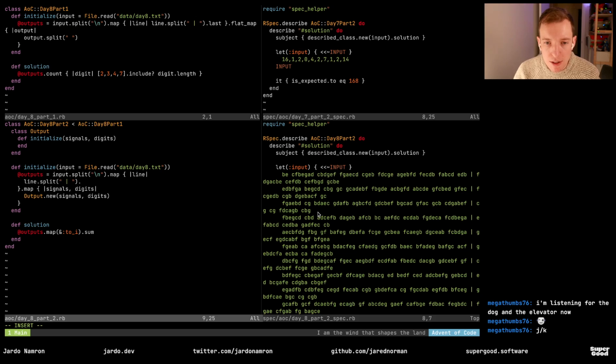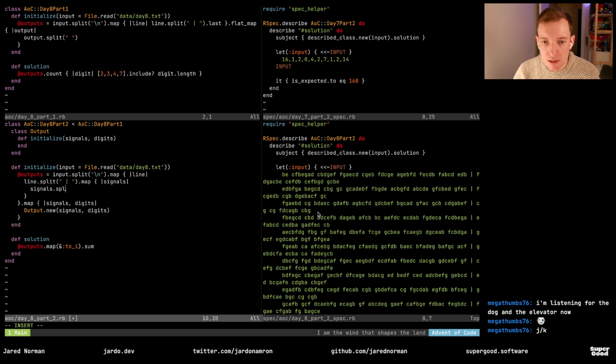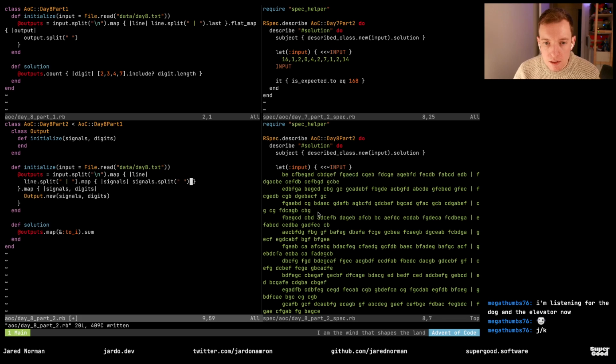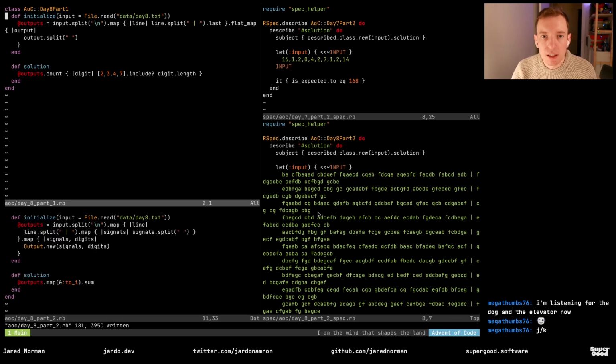I'm just working on the parsing, and then I'll talk through what I'm going to do with that output class. So this is going to be the two arrays. I'm not liking my naming here, but that's fine. Signals, I think. That's fine. That's not horrible.